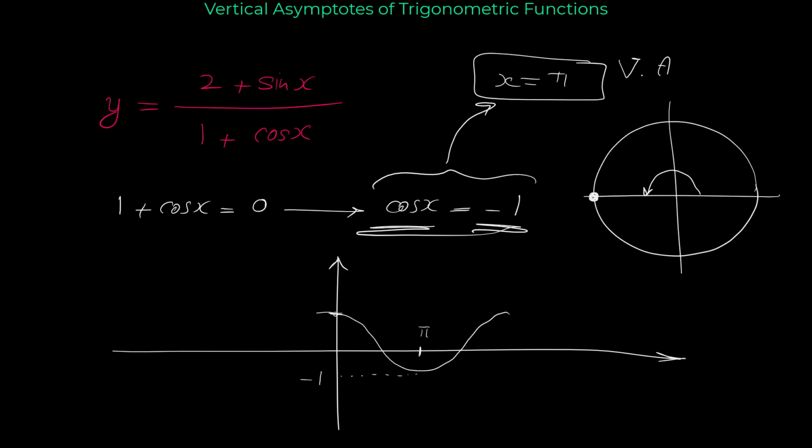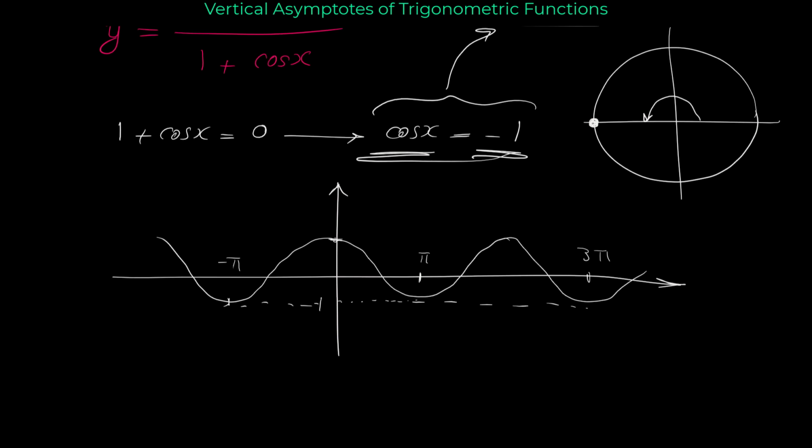But also at negative pi, and if you continue this, at 3 pi, 5 pi, negative 3 pi, cosine is also negative 1. So if you want to write all of these answers in one single equation, is it right to say x equals n pi?